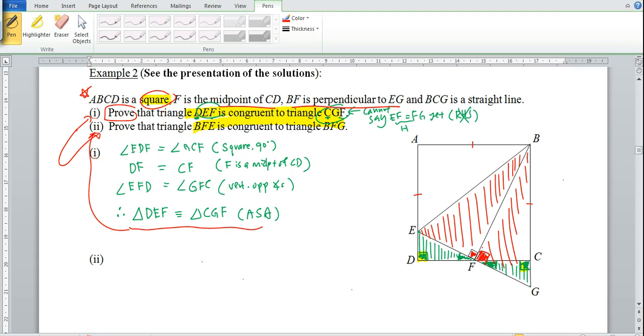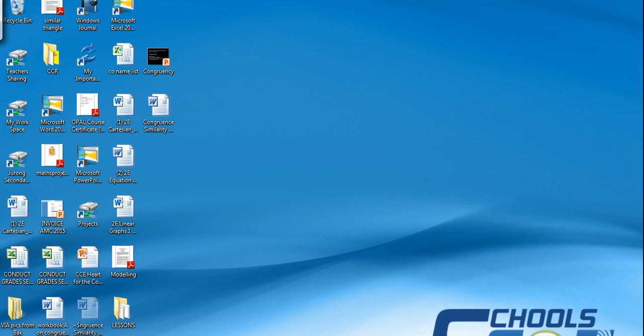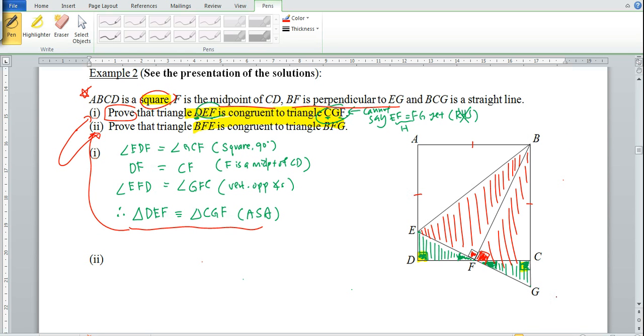So once again I have to think about it. Since this time round is a right angle, am I going to use RHS? So let's zoom in at our hypotenuse again. If we look at our hypotenuse, is it given that BG is equal to BE? Look at the question.